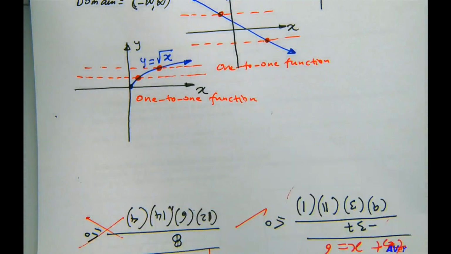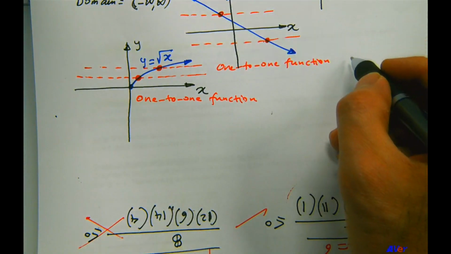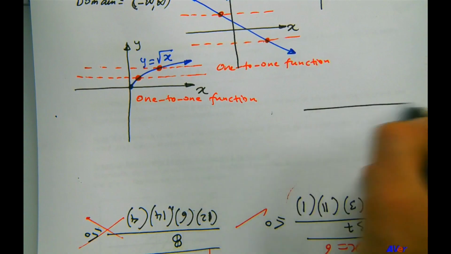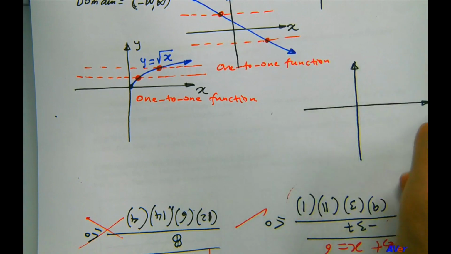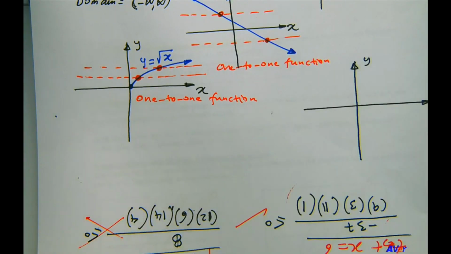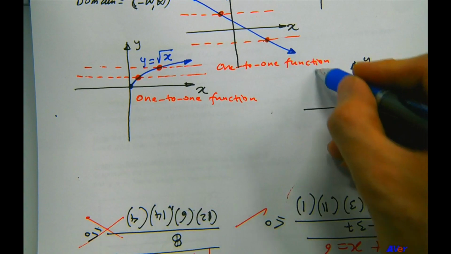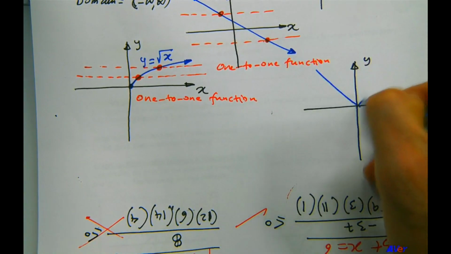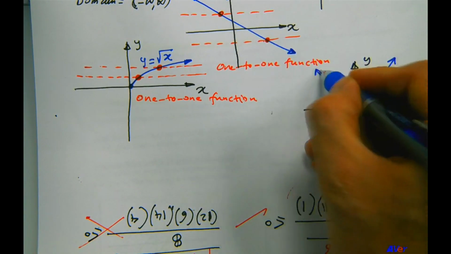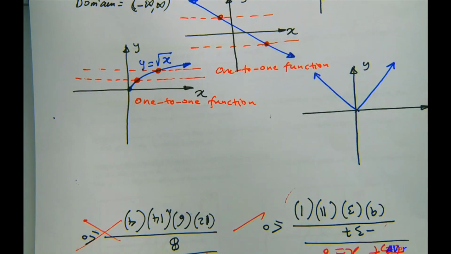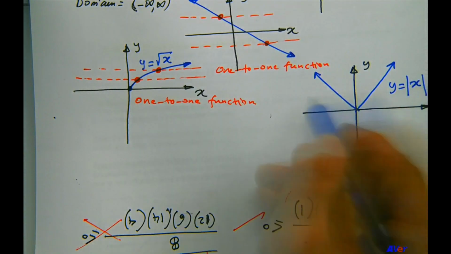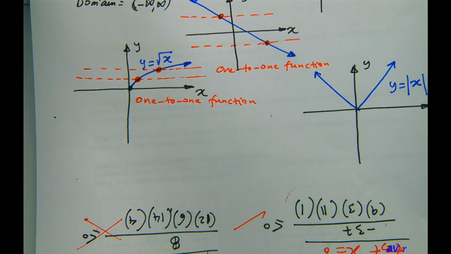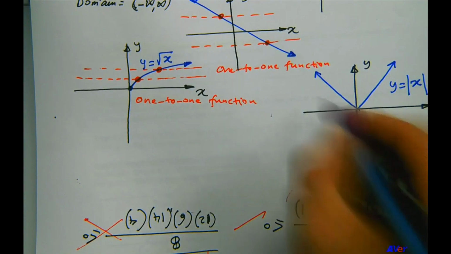Is the absolute value function one-to-one? Let's see. I'm going to draw the graph for that here. The basic absolute value function plots like that. Let me write this down: y equals absolute value of x. That's the graph of the absolute value function. Is this a one-to-one function? No, right?